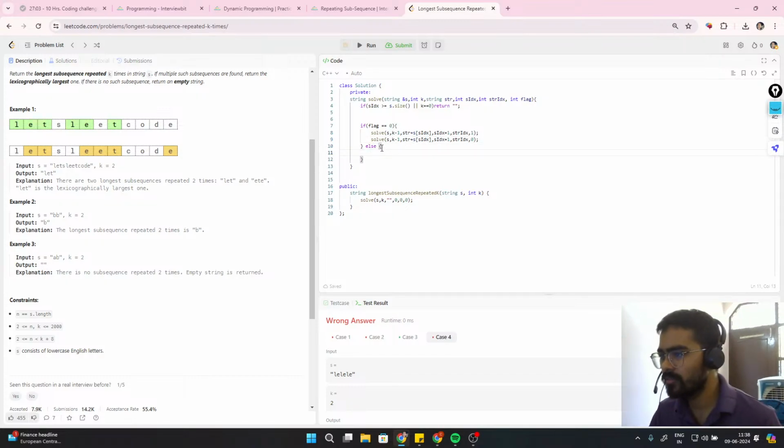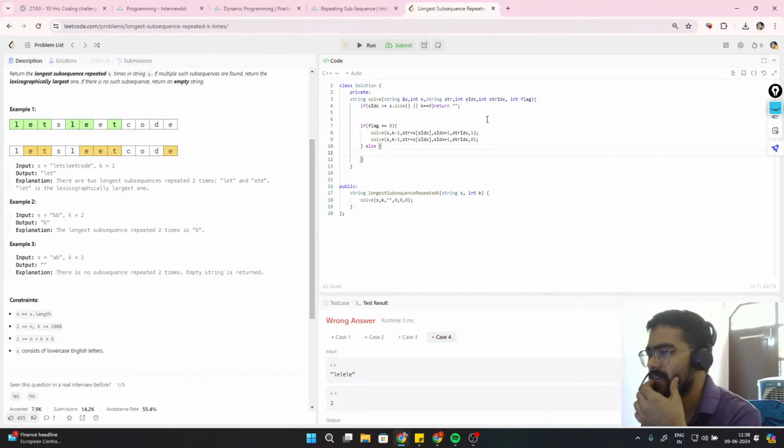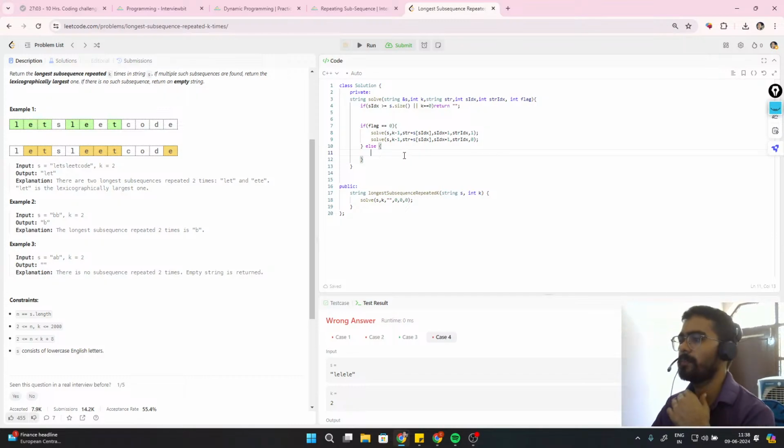Now if my flag is 1, searching this substring, now I need to increase my str idx and not my sidx. sidx will stay as it is. str idx will start from sidx, either or even beyond sidx. So str idx is on.